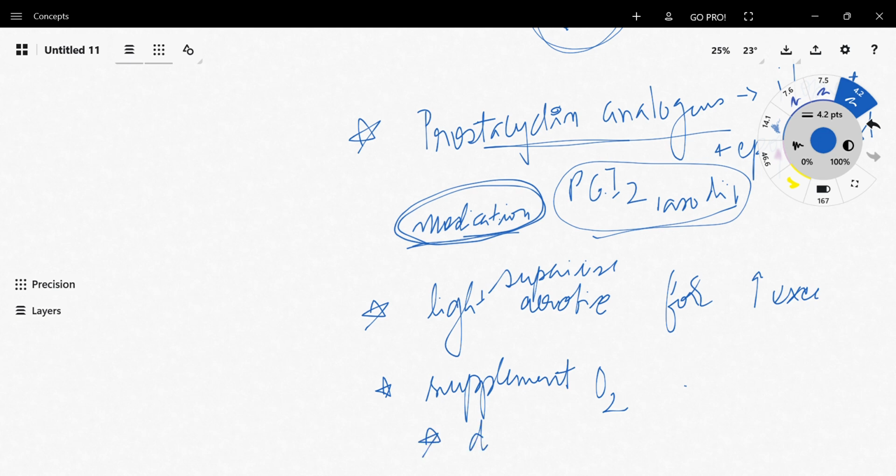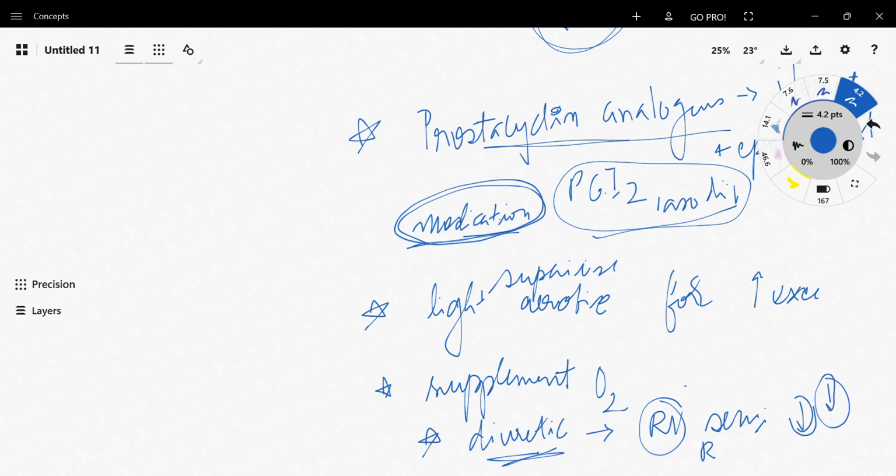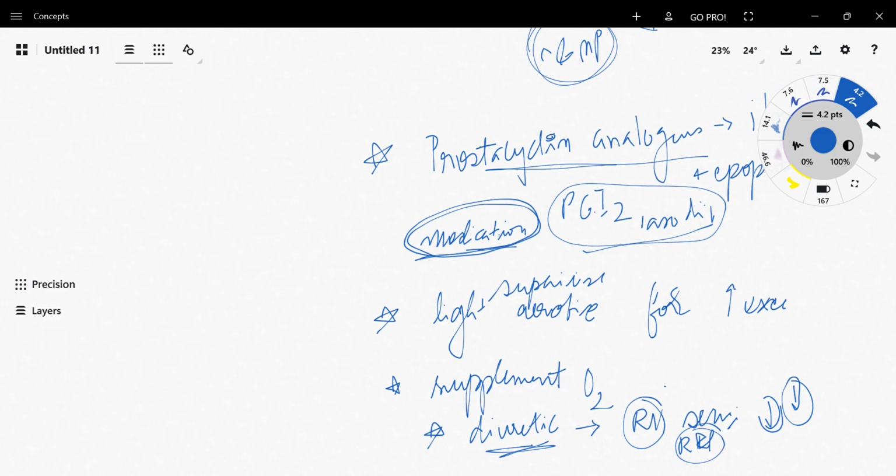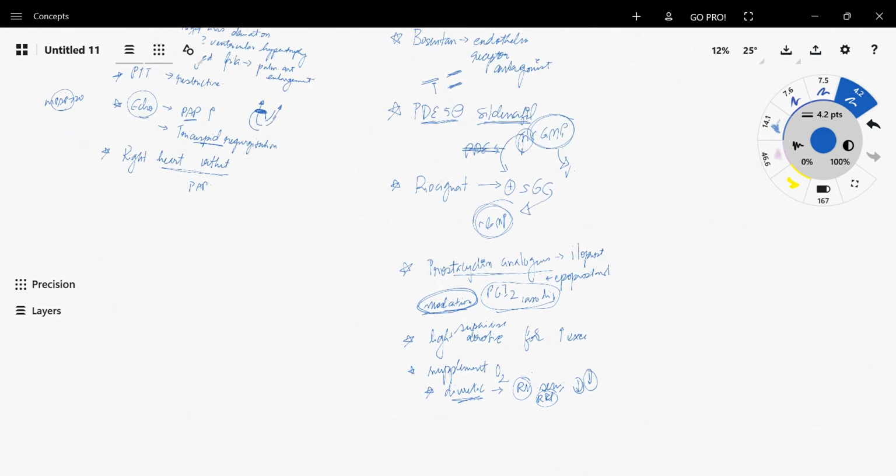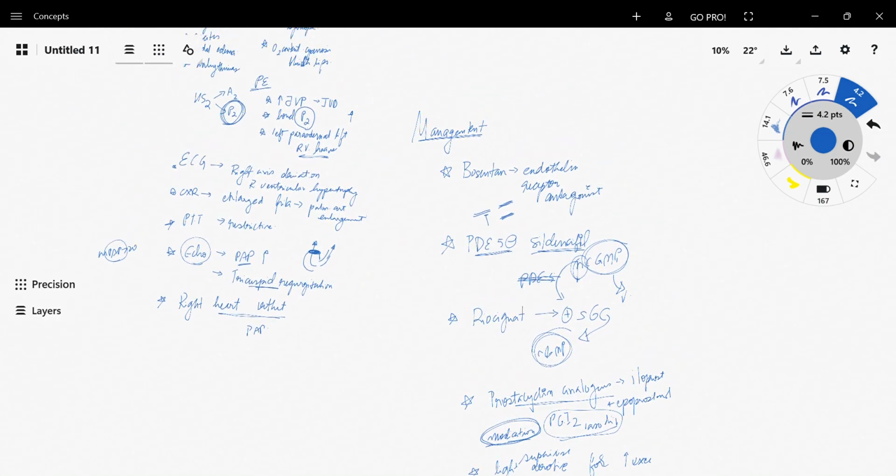And also you can give them diuretics because you might know that the right ventricle is very sensitive to volume changes, right? So giving diuretics and getting rid of that extra volume can sort of decrease a little bit of the strain on the right heart. Okay, so these are the ways in which you can manage pulmonary hypertension.